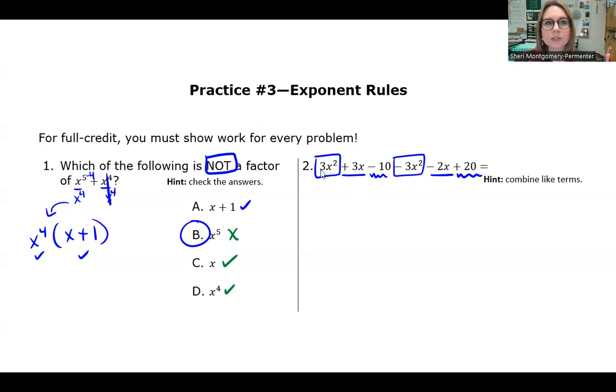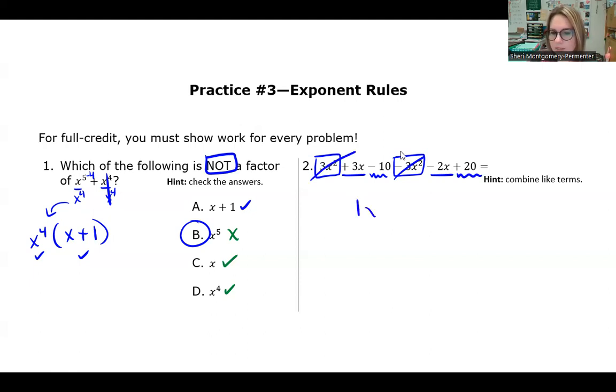So we have 3x squared and we take away 3x squared. So how many x squareds do we have left? We have 3 and we take away 3. Yeah, we don't. Those disappear. All right, so for the x terms, I have 3 and then I take away 2.